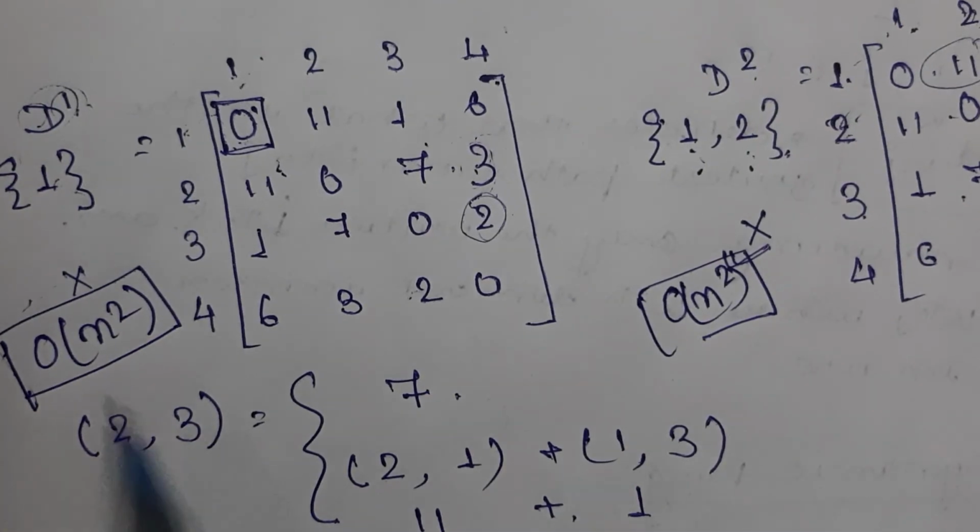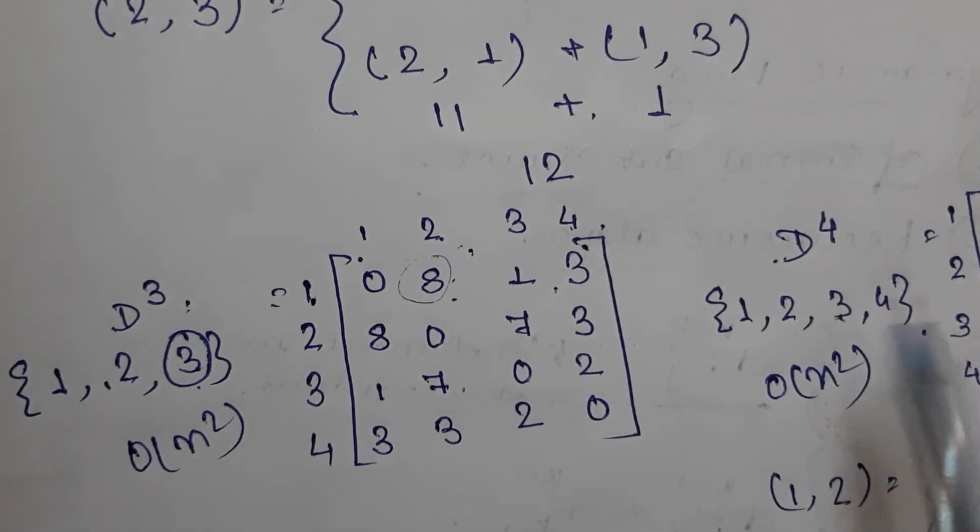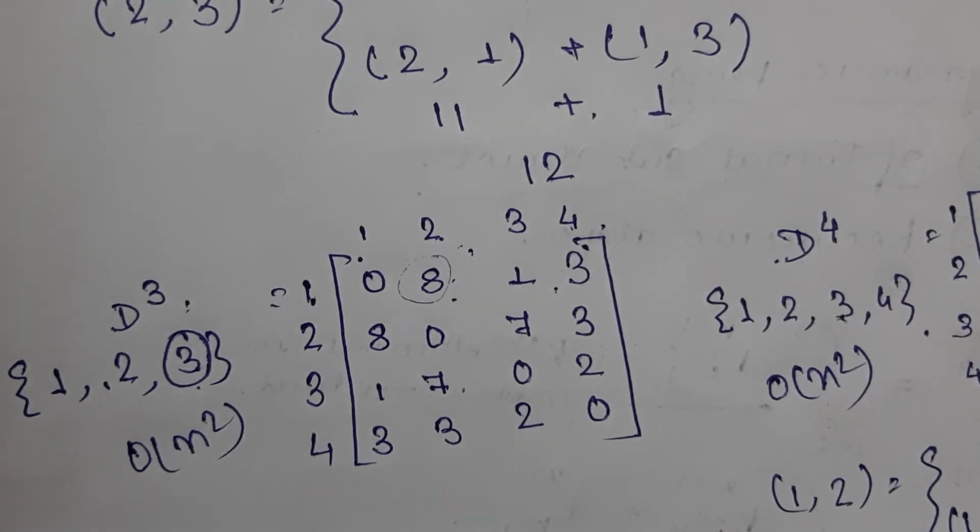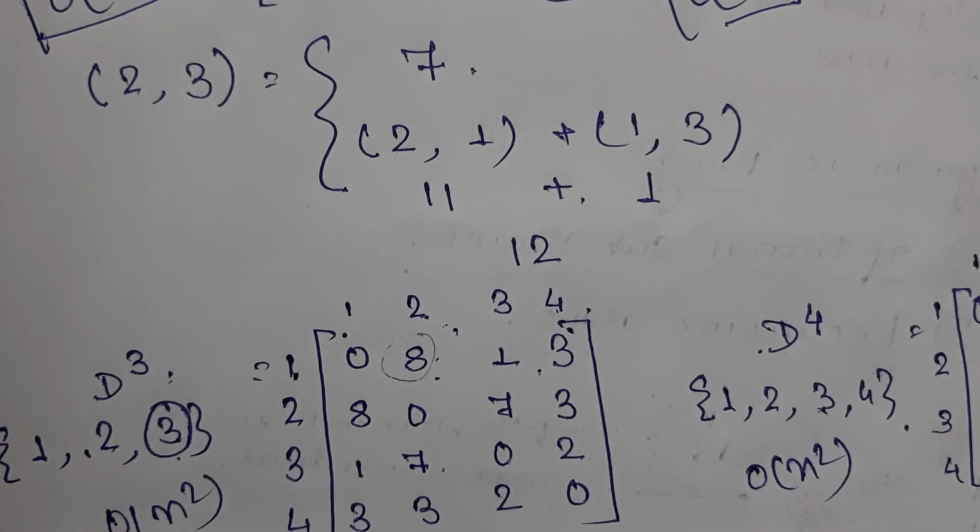And how many such matrices are there? D1, D2, D3 and D4, one for every vertex. So there are order of n such matrices.